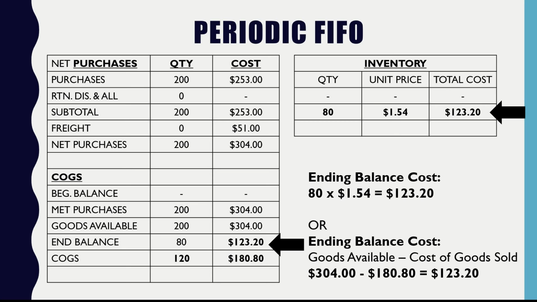So if I started out with $304 and I sold $180.80, I should have $123.20 remaining in my inventory. That is usually the quicker way to do it if you have multiple batches of inventory, instead of having to calculate each one individually. And you can use Excel to help you produce this number a lot quicker, all right?